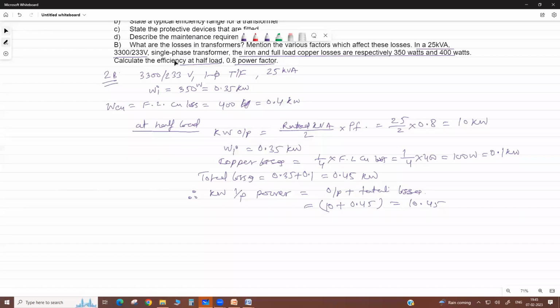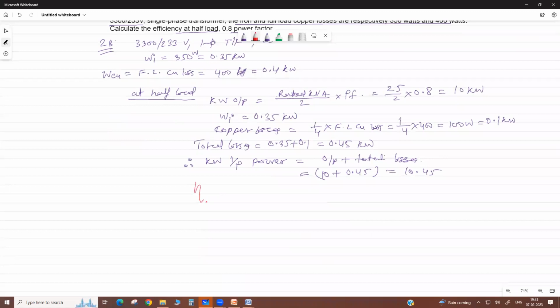Therefore, efficiency at half load is output by input at half load into 100. Output is 10, input is 10.45. It comes to 90.69.